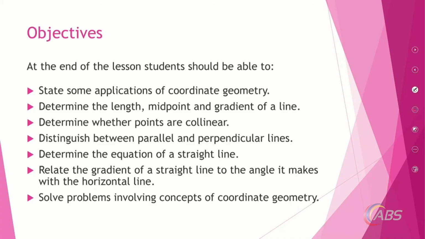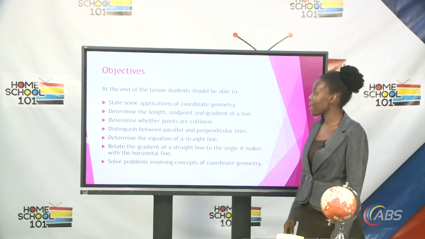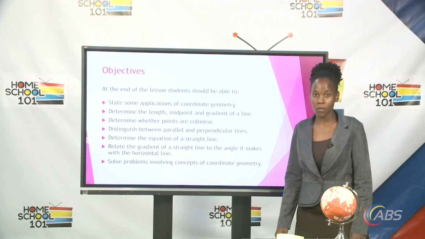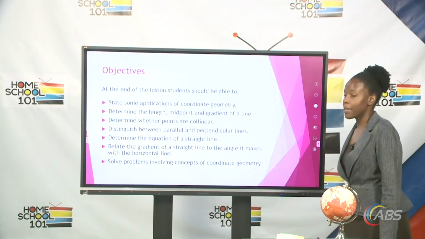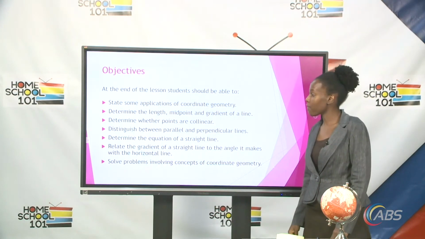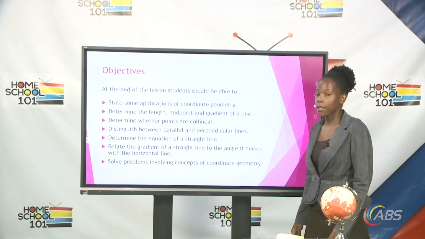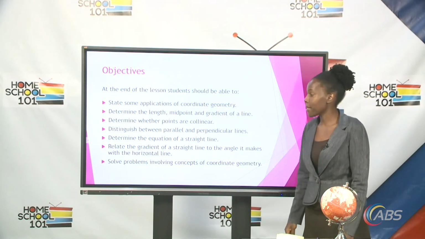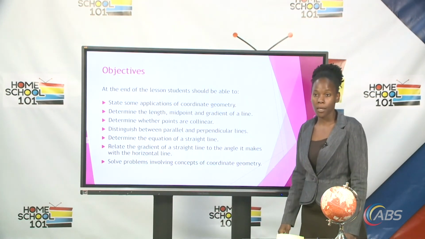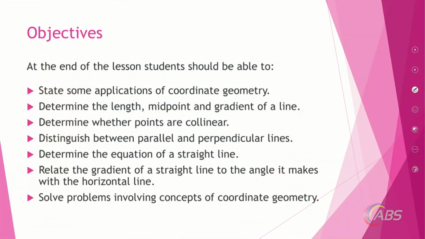At the end of today's lesson, you should be able to state some applications of coordinate geometry, determine the length, midpoint, and gradient of a line, determine whether points are collinear, distinguish between parallel and perpendicular lines, determine the equation of a straight line, relate the gradient of a straight line to the angle it makes with the horizontal line, and solve problems involving concepts of coordinate geometry.